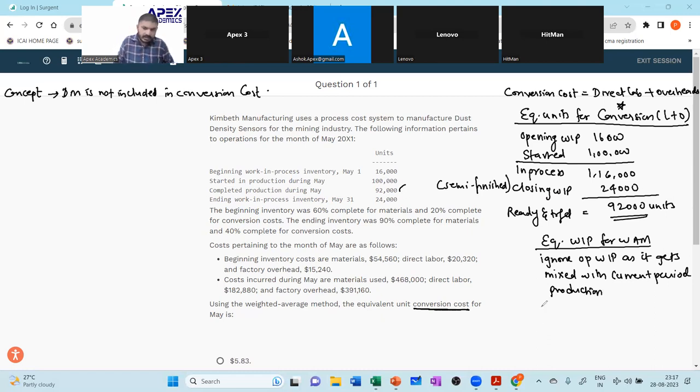Therefore, what are the units transferred out? 92,000. Add closing stock. How many units in closing stock? 24,000. Now, with respect to conversion, how much percentage is completed? 20% is completed. So, 24,000.